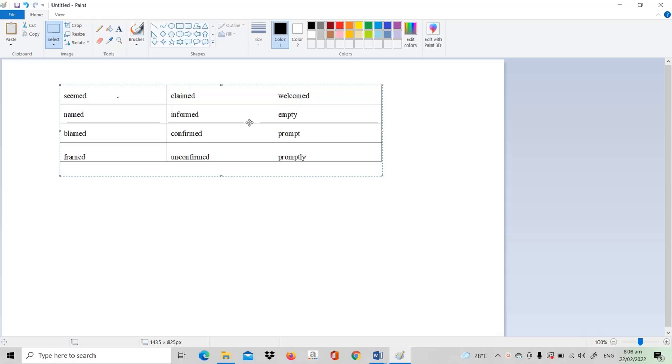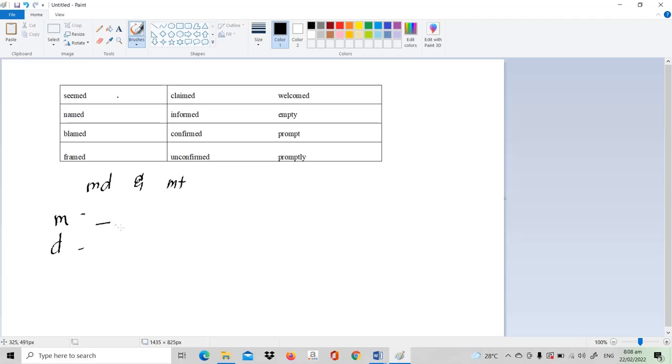Simple lang naman po yung sinasabi doon. Combination siya ng ating M and D symbol. So, si MD and MT has the same stroke.